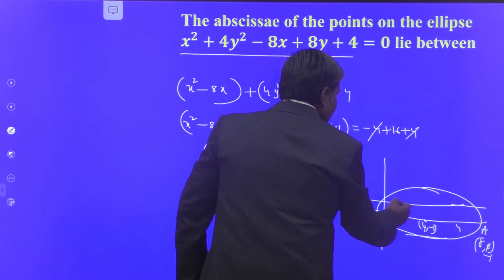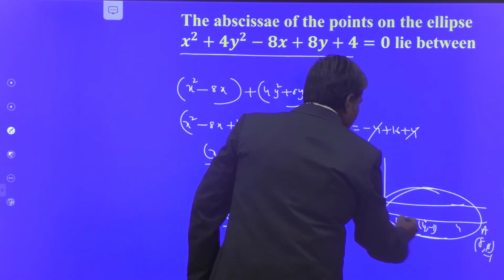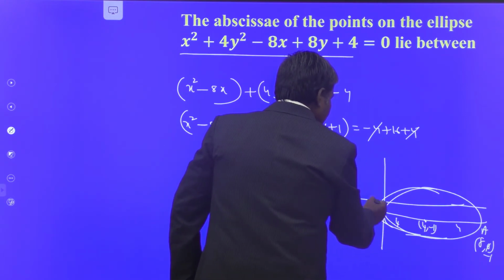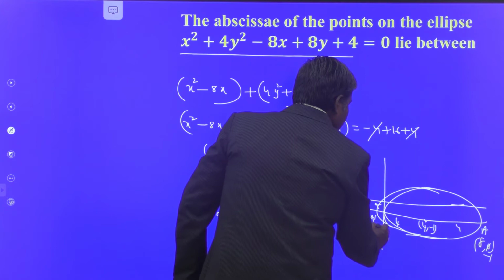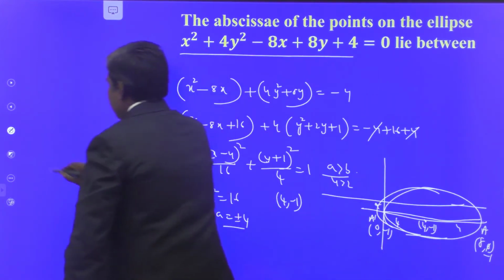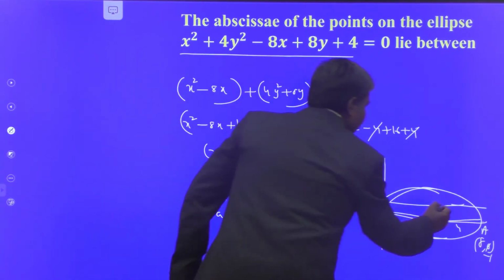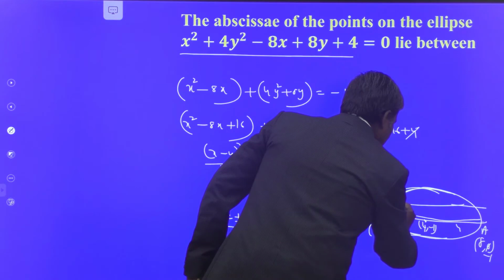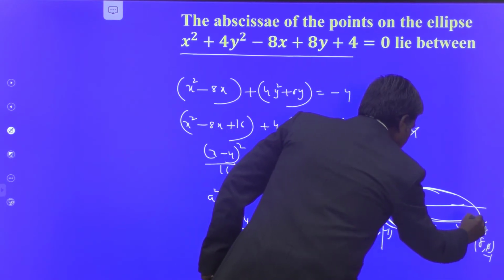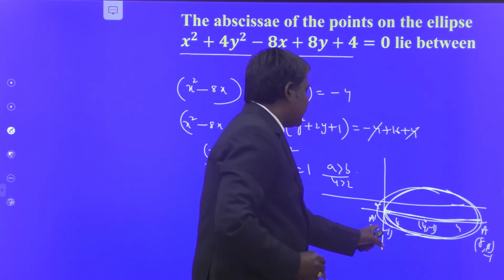Actually the diagram is in this manner. Understand? So this is your ellipse. Right? This is the possibility. Therefore, what are the x coordinates varying?